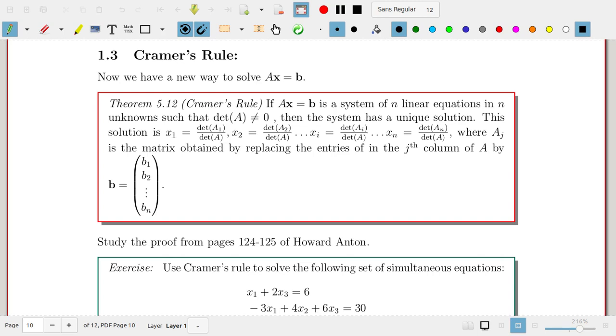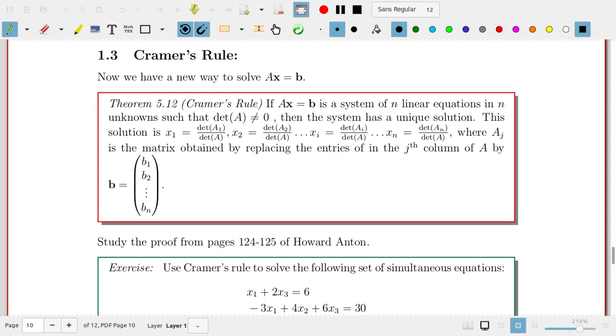Such that the determinant of A is not equal to 0, right? So the solution is, of course, x1 equals determinant of A1 over det A, x2 is equal to determinant of A2 by determinant of A, xi is determinant of Ai over det A, xn is determinant of An over det A.